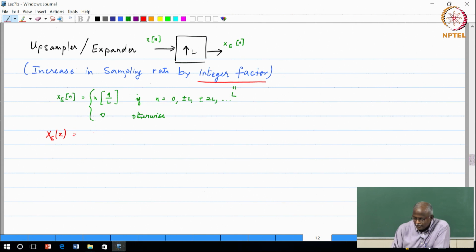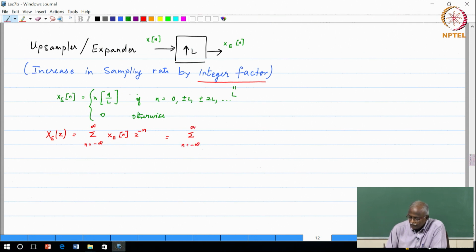Xe of z is the summation n going from minus infinity to infinity of xe of n z power minus n. That is the standard definition of the Z transform. Now I can write this with the following condition.